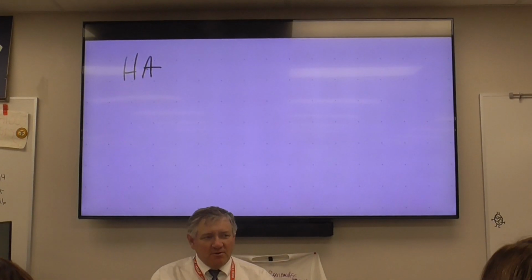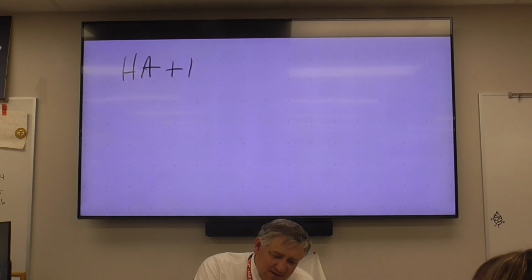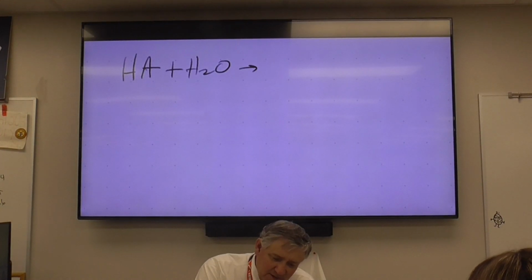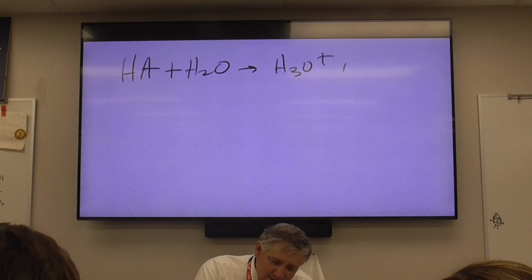If you have any type of acid, just a generic, and you can use this on the quiz, you can just write HA. In a situation where it's an acid, technically there's a water molecule, and you're gonna form H3O+, and you're gonna have an anion left over.